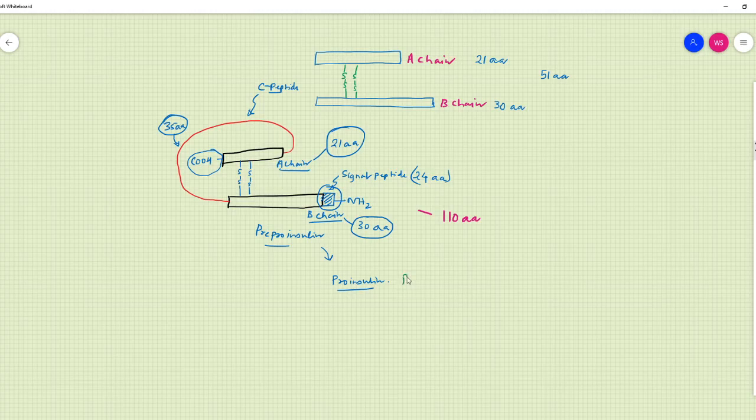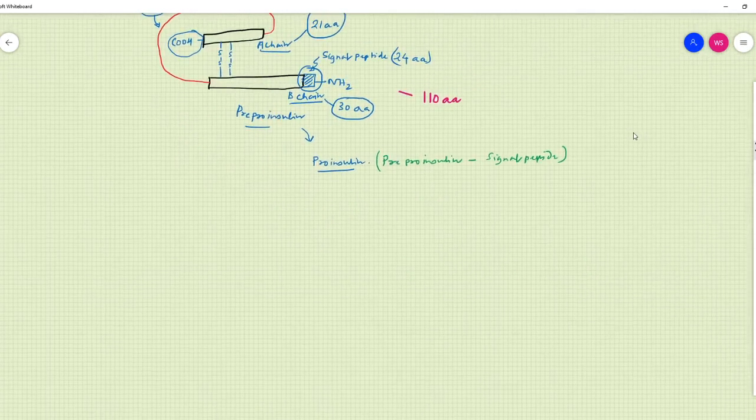Proinsulin is pre-proinsulin minus the signal peptide and obviously the amino terminus and the carboxy terminus. Okay, so that is proinsulin.